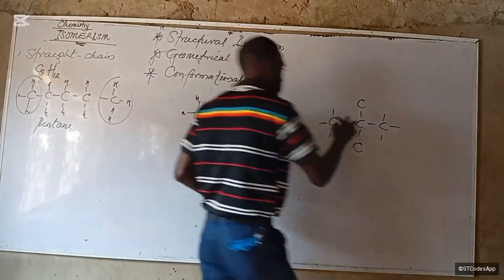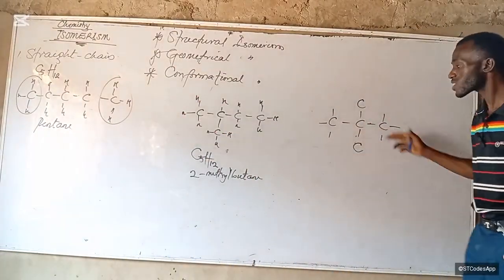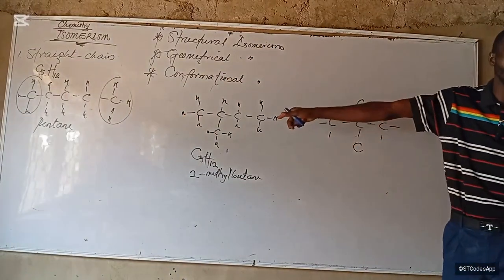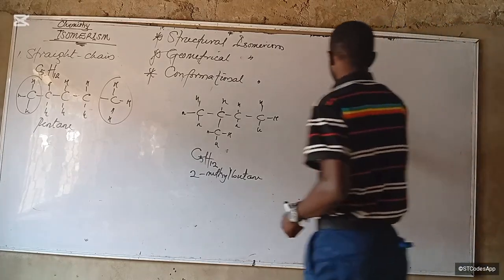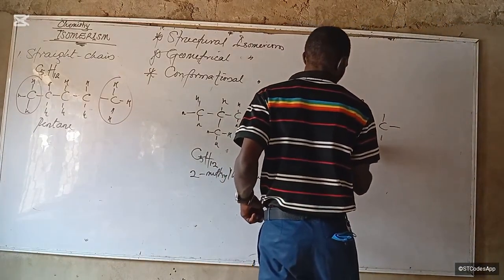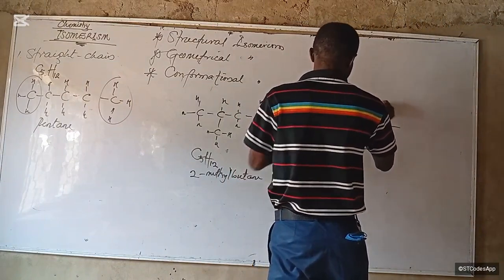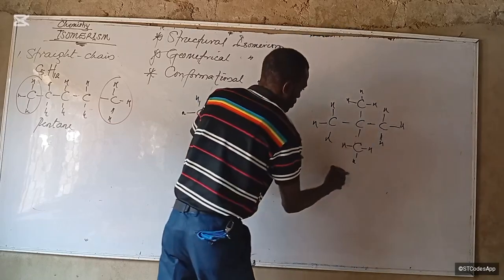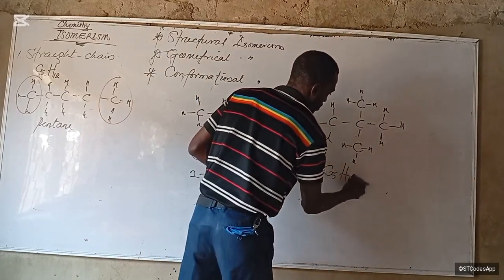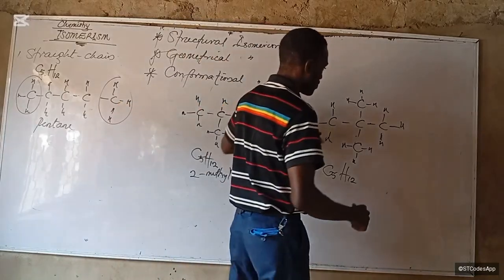If I put them on terminal carbons, I'll get back one of the isomers I've gotten before. All right, so we have 1, 2, 3, and that's 6, 7, 8, 9, 10, 11, 12. Do you see that? How many carbons in total again? C5H12 again. But what is the name of this molecule?